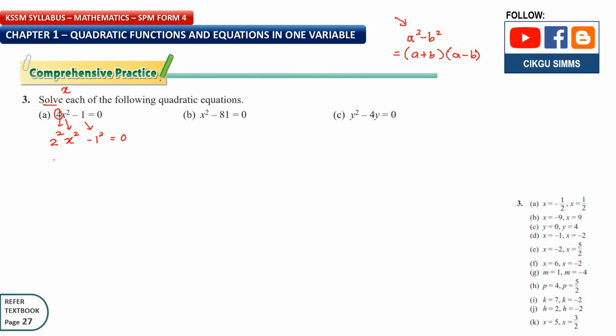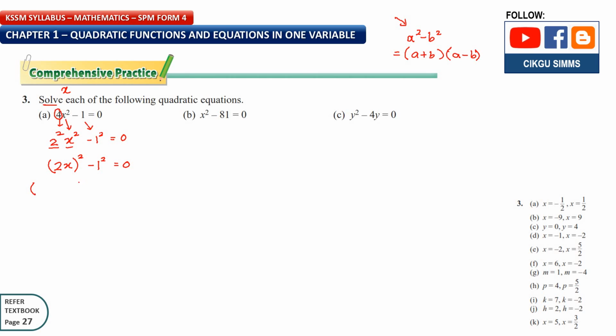Okay, so 2 squared x squared, I can put them together as (2x) in a bracket, squared. Because both 2 and x have the square. So I put them in a bracket, and then I square both of them. Minus 1 squared is 0. So now I have something squared minus something squared.